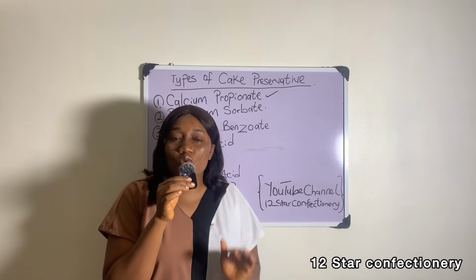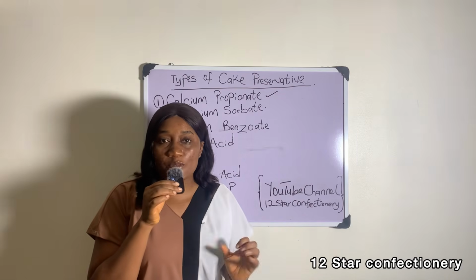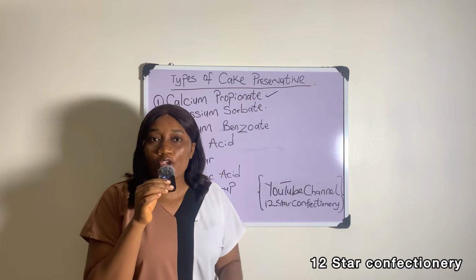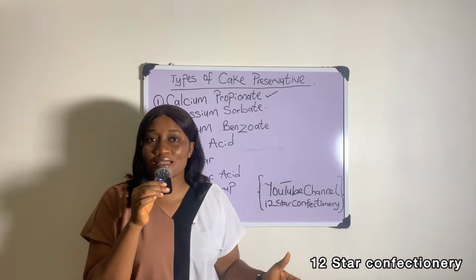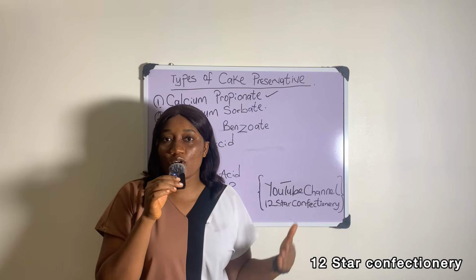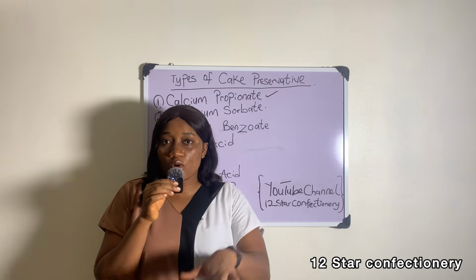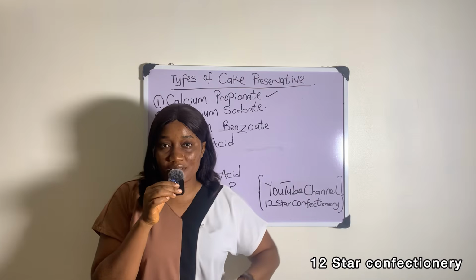So for you to add calcium propionate preservative into your cake, all you need is 0.1% to 0.3% of the weight of the flour. Do you understand? Don't worry, even if you don't understand, I've already made everything simple.